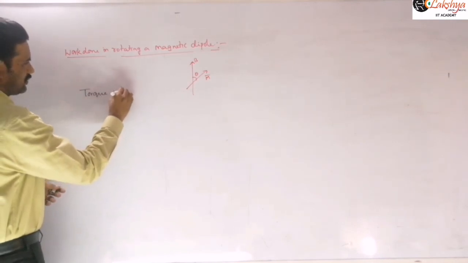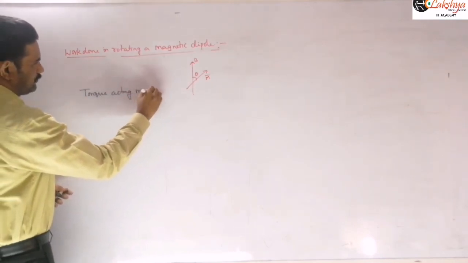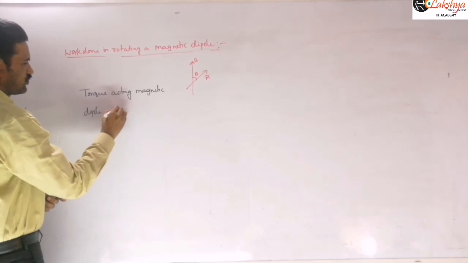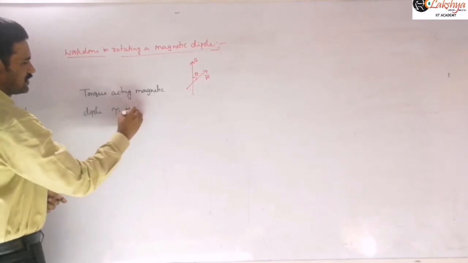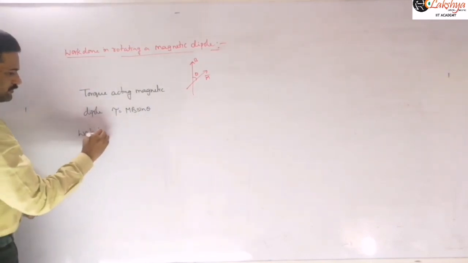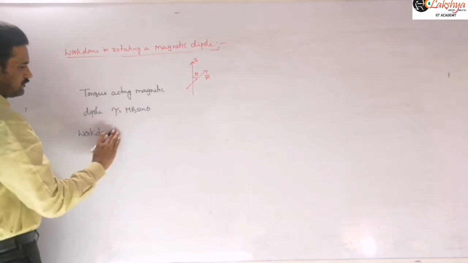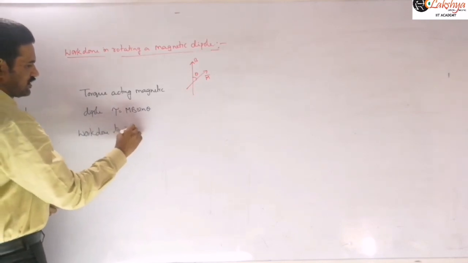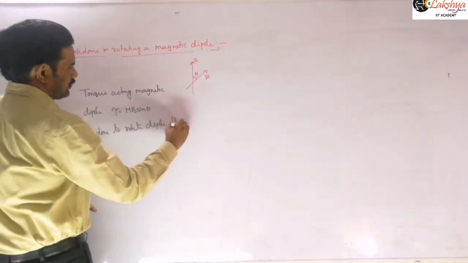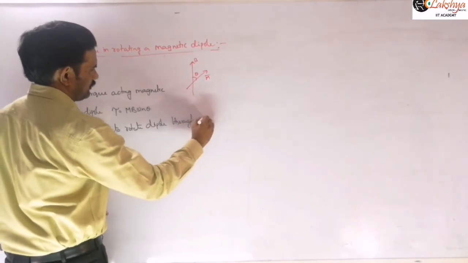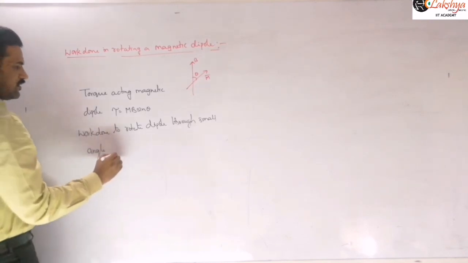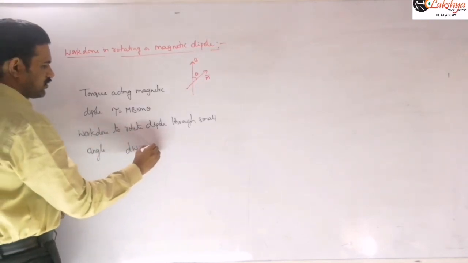So torque acting on a magnetic dipole, tau is equal to mB sin theta. Therefore, work done to rotate the dipole through a small angle can be written as dW is equal to tau d theta.